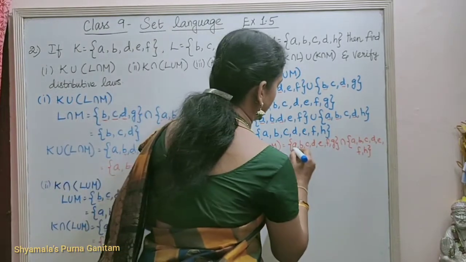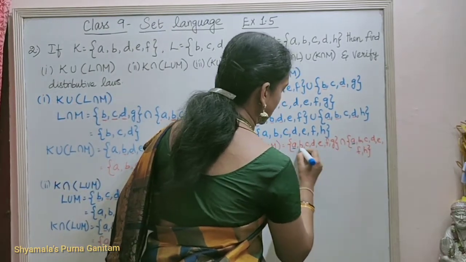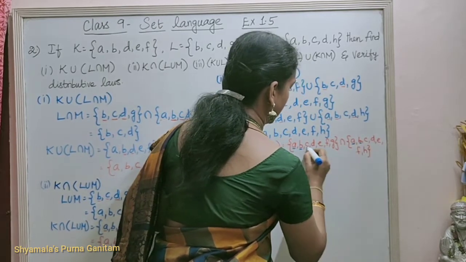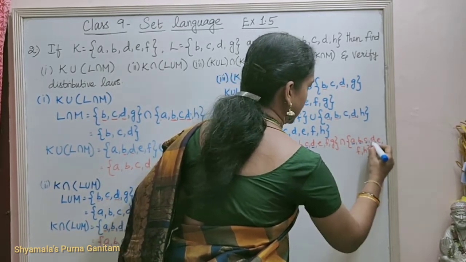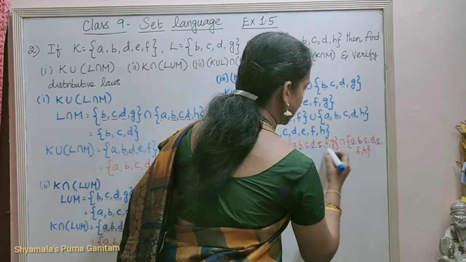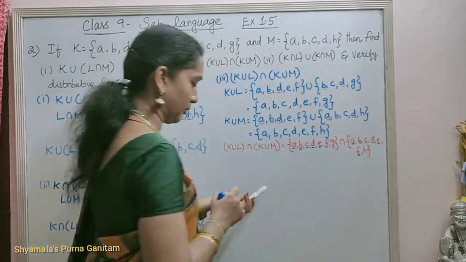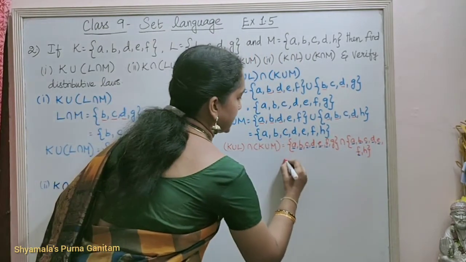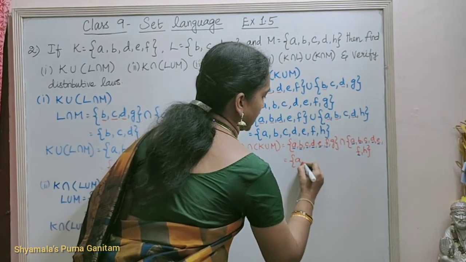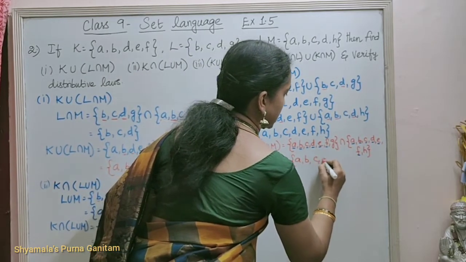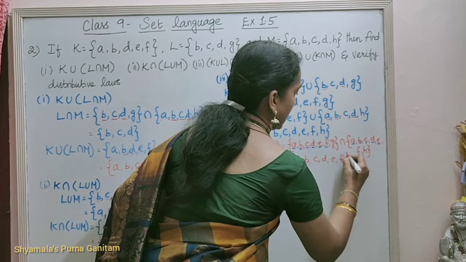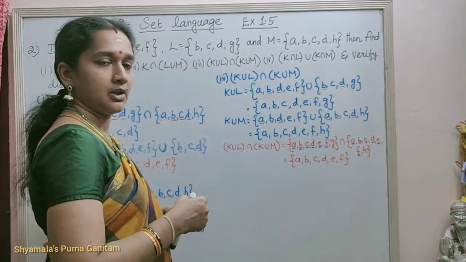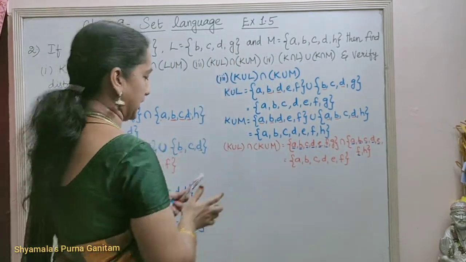A is common, B is common, C is common, D is common, E is common, F is common. So all these elements we will get for this answer: A, B, C, D, E and F. Okay. So this is the third one answer.